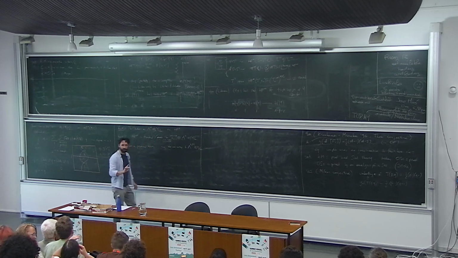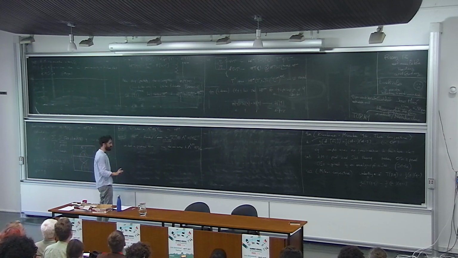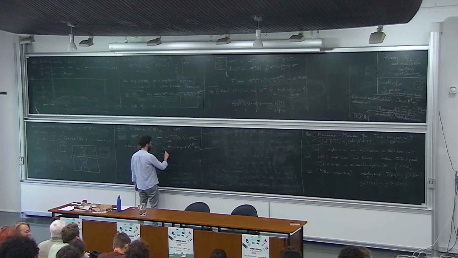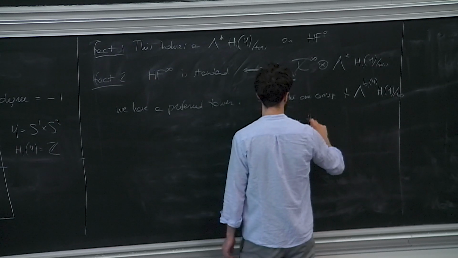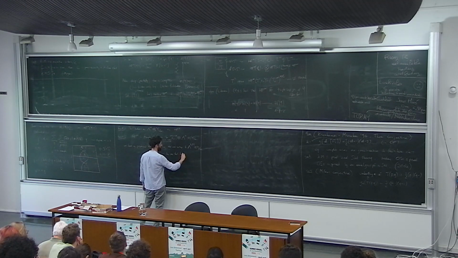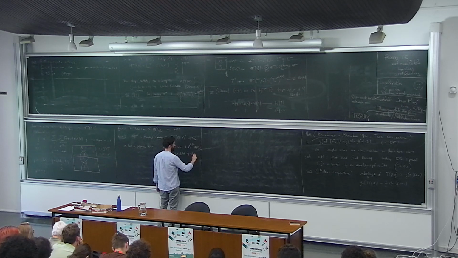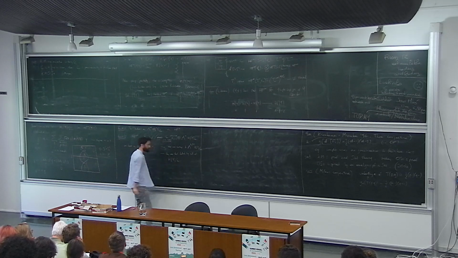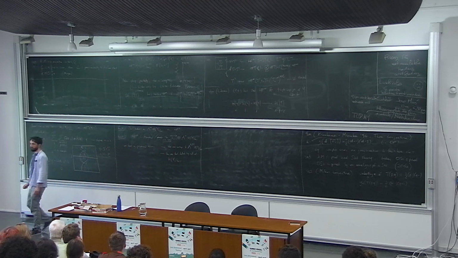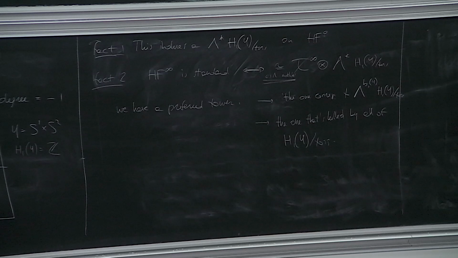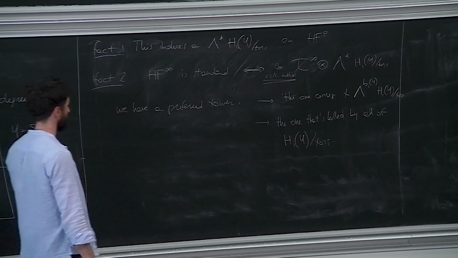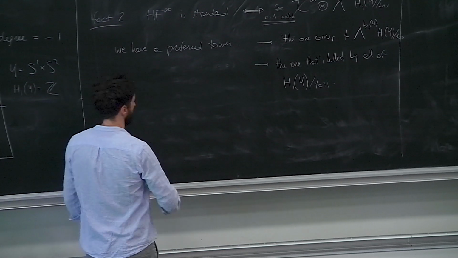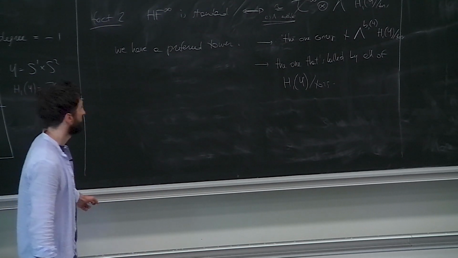You need to work over Z. You still have an action, but it's better to work over Z. Or equivalently it is the one that's killed by all of H1 of Y modulo torsion. Equivalent.